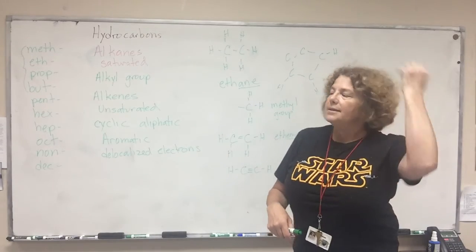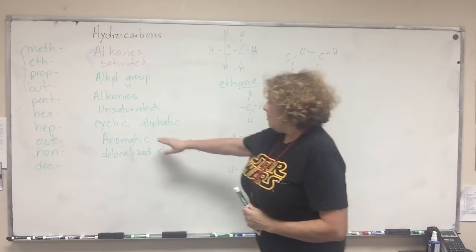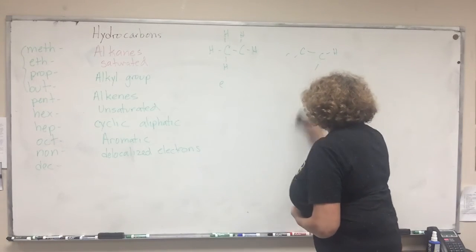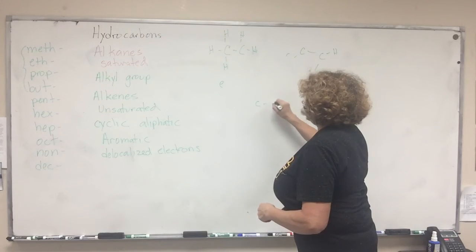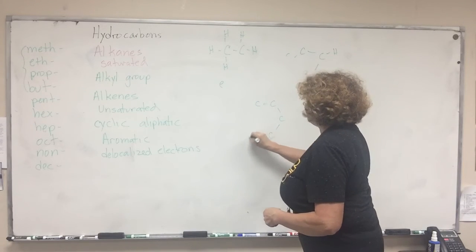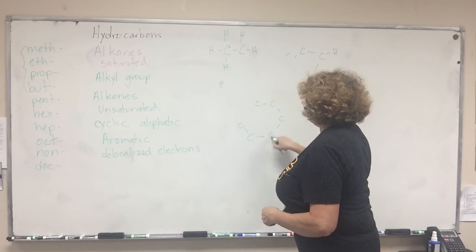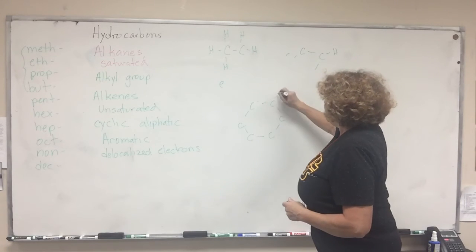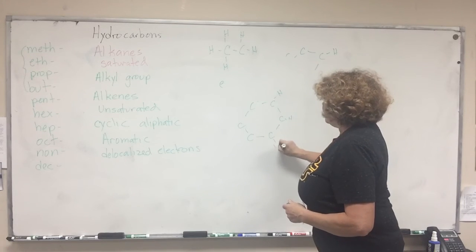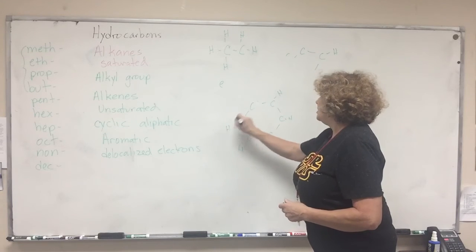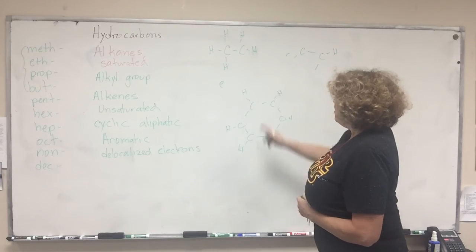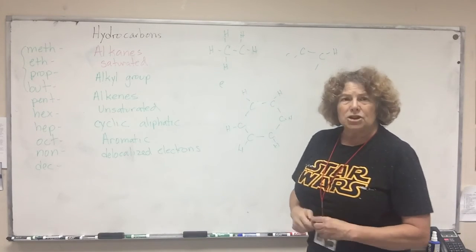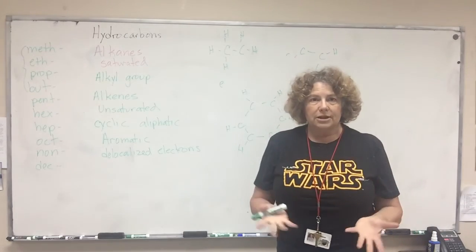So let me explain what a benzene ring is. Aromatics are 6 carbon atoms put together in a hexagon: 1, 2, 3, 4, 5, 6. Notice that only 3 of the bonds in each of these are used. But I can't put a double bond on both sides, otherwise somebody would have 5. So this is a situation where they share those electrons.